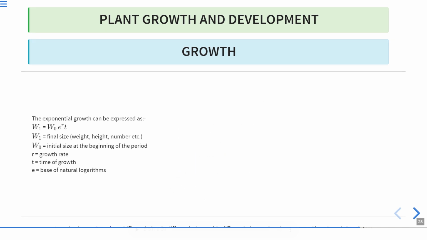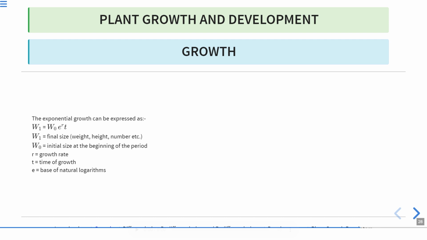So the exponential growth can be expressed as, so here we can see there is an exponential growth. If you want to measure the exponential growth, you can express it as W1 is equal to W0 e to the power r into t, where W1 is the final size, okay, final size of the plant, or you can say the size of the cell.